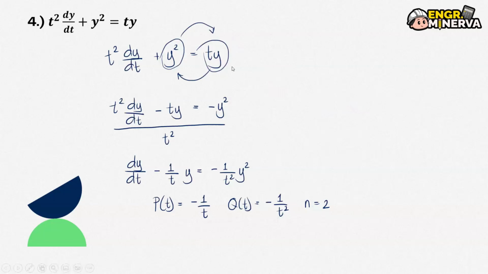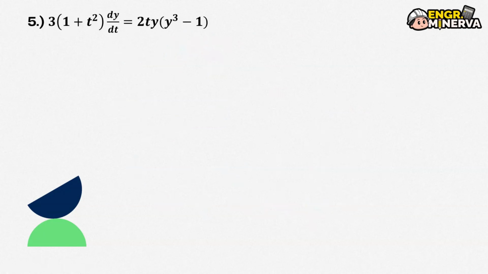And the last example, we have this one. Again, let us convert this into our general form. So 3 multiplied by 1 plus t squared, derivative of y with respect to t equals. Okay, so let's transpose your 2ty to the left side.